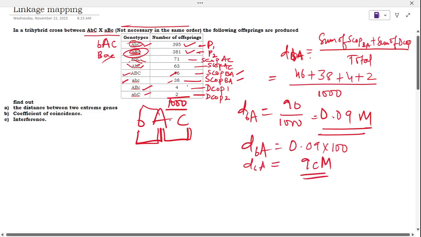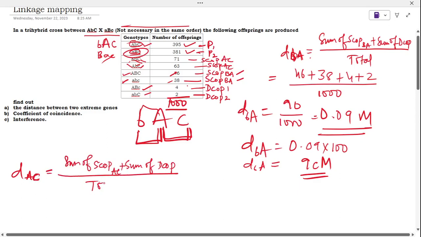Next, same, we need to calculate the distance between AC. Distance between AC, capital A, capital C, is equal to the sum of single crossing over product with respect to AC plus the sum of double crossing over product, divided by total. So in that case, the sum of single crossing over product with respect to AC is 71 plus 63, plus 4 plus 2, divided by the total of 1000.